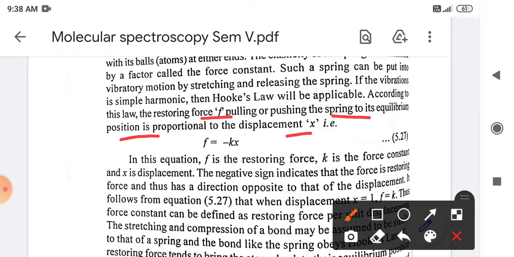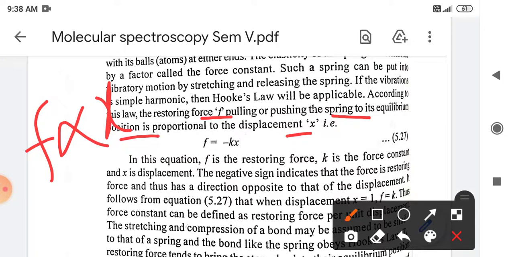Consider F as the force of pulling or pushing the spring, and x the displacement due to the force F. We know that this force is directly proportional to the displacement. So whatever the amount of force we have applied to the spring, that much amount of displacement will occur in the given spring.